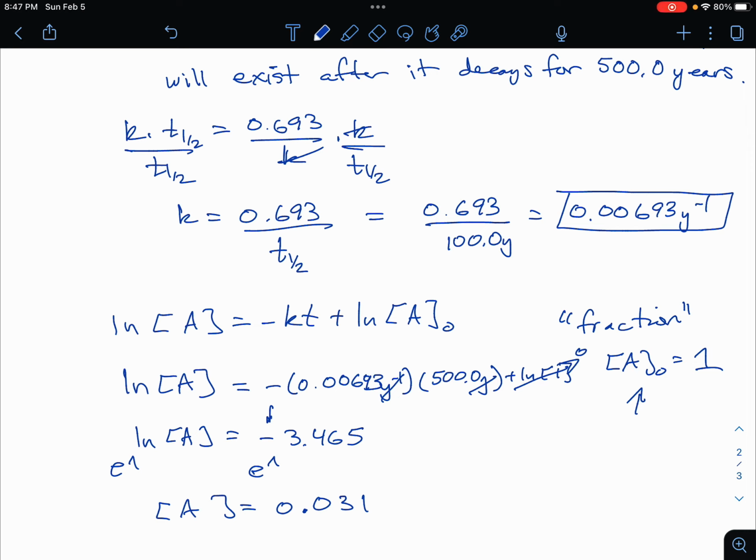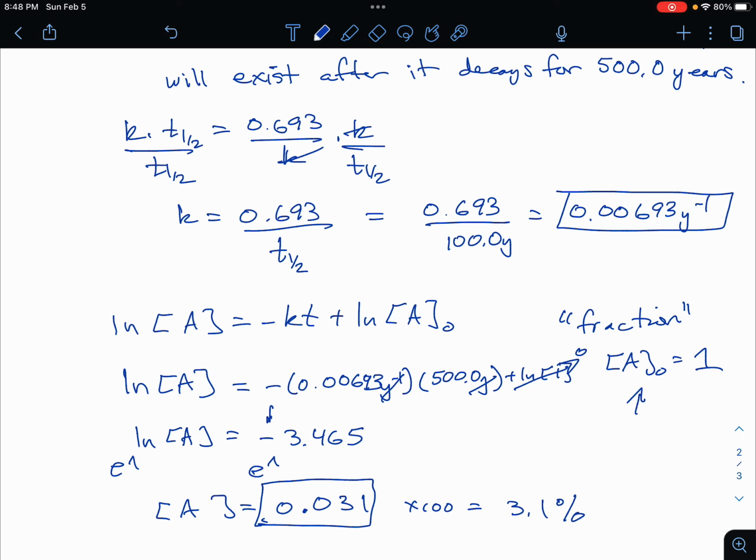You could also express this as a percent by multiplying this by 100 and saying 3.1% is going to remain. It just depends on how the question's phrased and how you choose to answer it, okay? But the way I phrased it was in terms of the fraction, so that 0.031 is the fraction, okay? So that's the mathy way to do it.